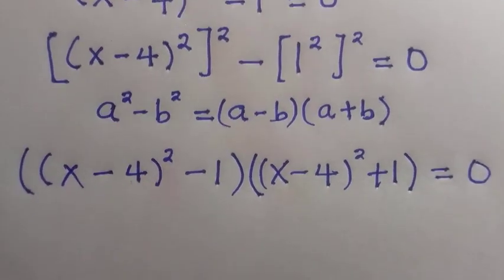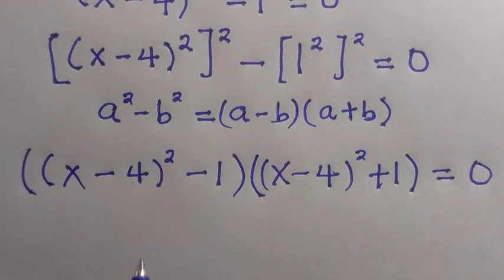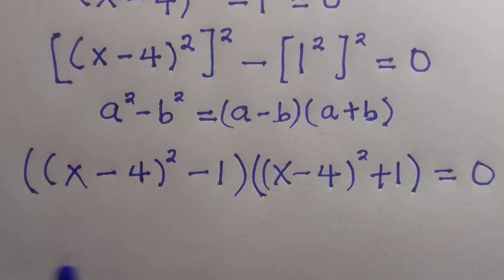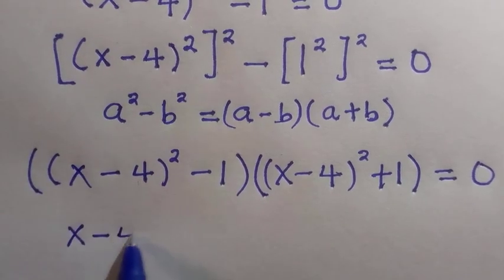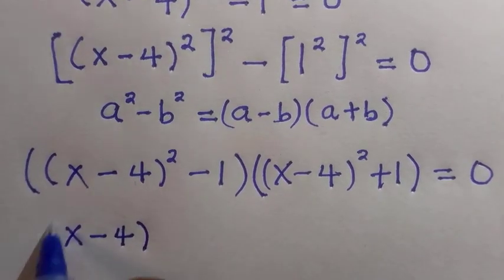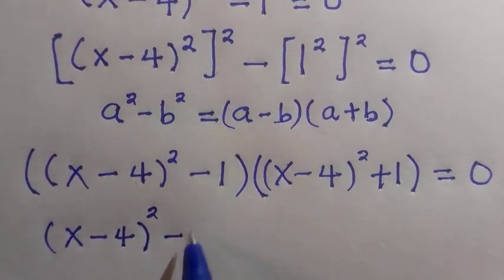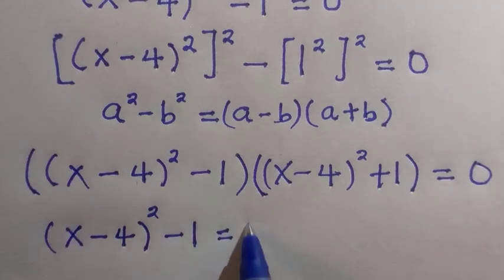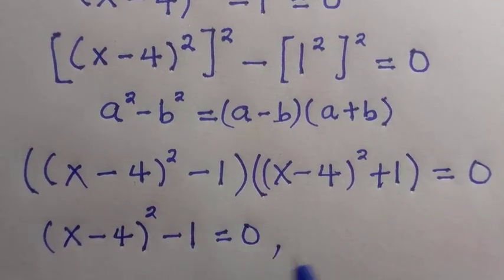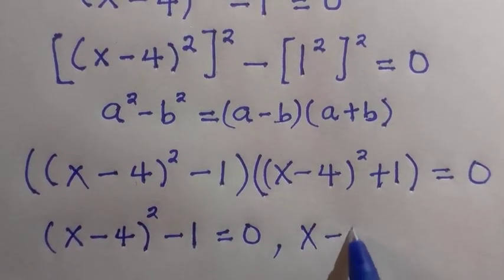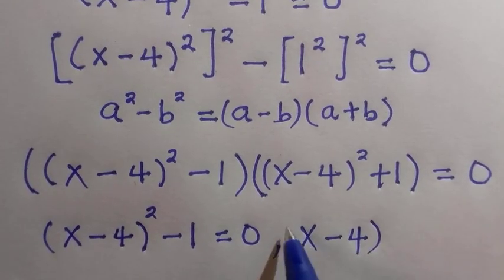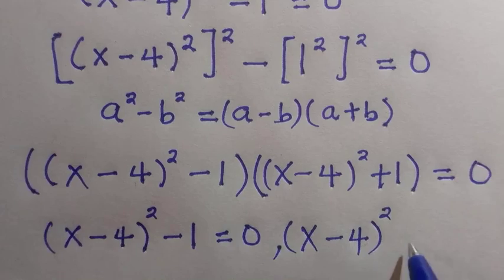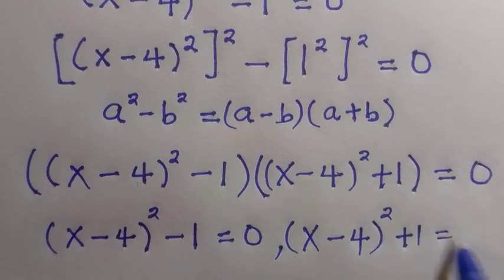By the zero product rule, we let each individual expression equal 0 to become an equation. Therefore, we have (x − 4)^2 − 1 = 0, and the second one is (x − 4)^2 + 1 = 0.